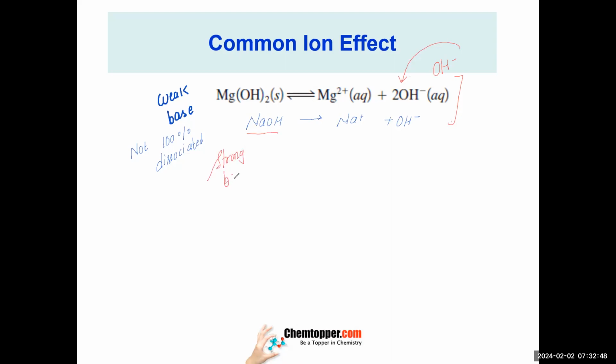Because I want you to understand that a strong base is 100% dissociated. There is no equilibrium. You can see equilibrium only in weak bases or weak acids or weak electrolytes, the ones which are not 100% dissociated. But if it is a strong electrolyte, a strong base, a strong acid, then there is no equilibrium, it's a single arrow. That is the reason I'm repeating it again and again.